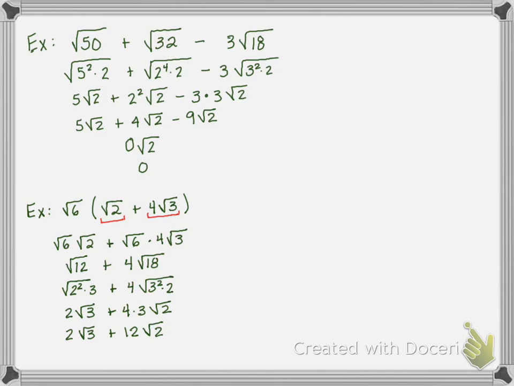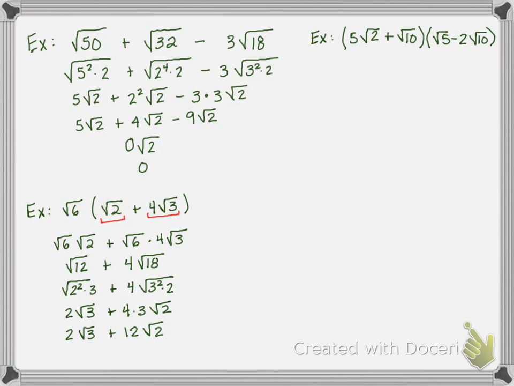So if we are multiplying two factors that both have two terms, again, we're going to do it just like we do with binomials. So let's do 5 times the square root of 2 plus the square root of 10, times the square root of 5 minus 2 times the square root of 10.